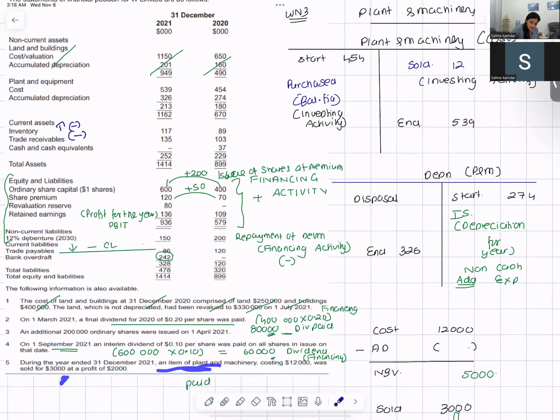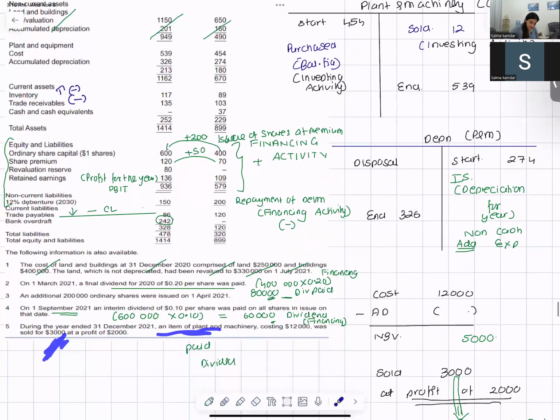Plant and machinery was sold. Whenever there is a sale of an asset, the selling price would be an investing activity because you have received money from sale of a non-current asset.